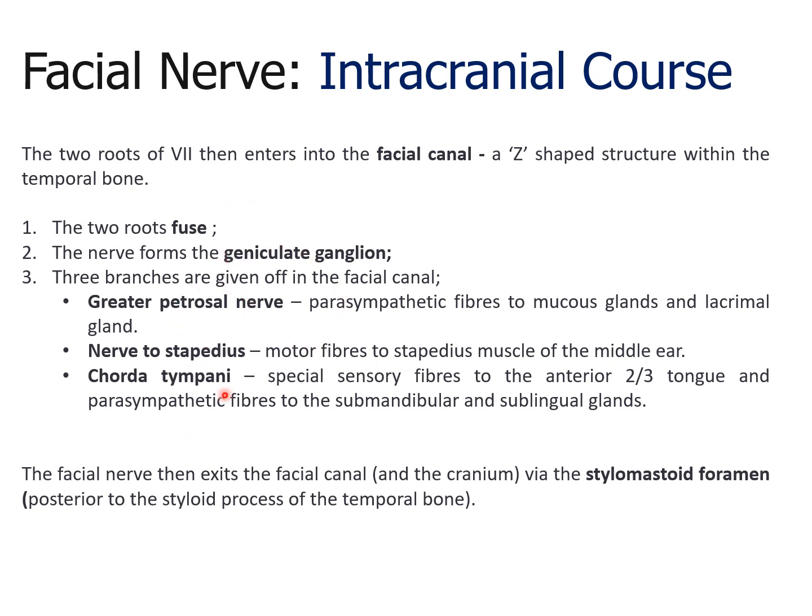After giving off these three branches, the facial nerve exits the facial canal and the cranial cavity via a foramen known as the stylomastoid foramen, which is located posterior to the styloid process of the temporal bone.